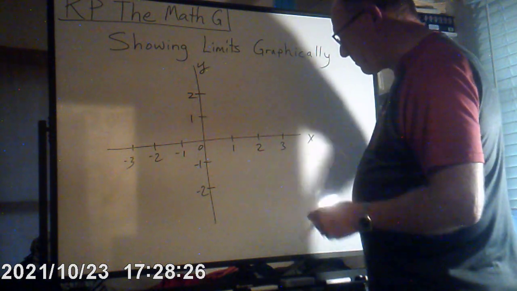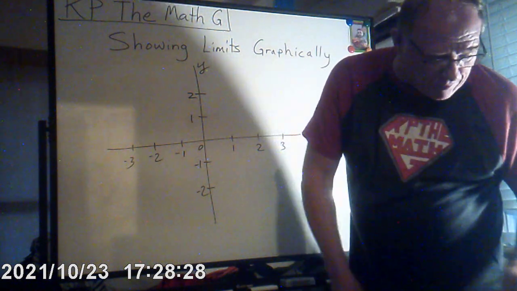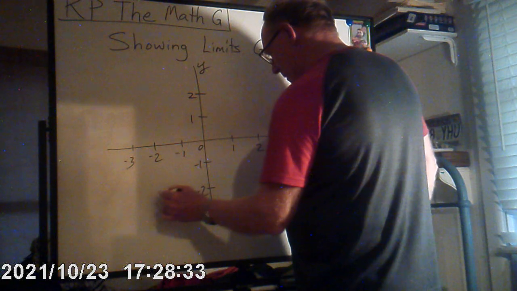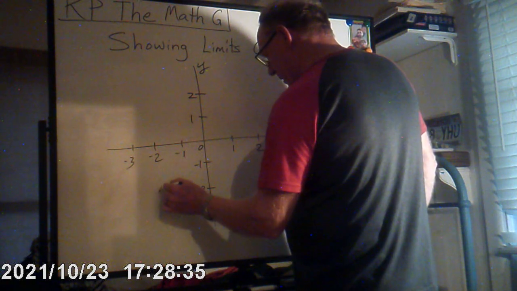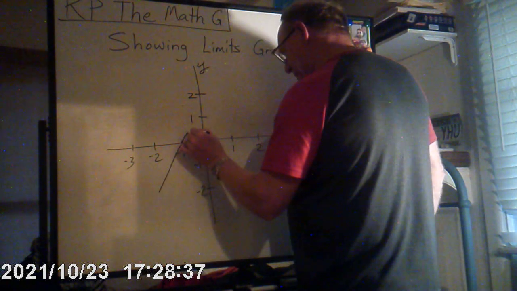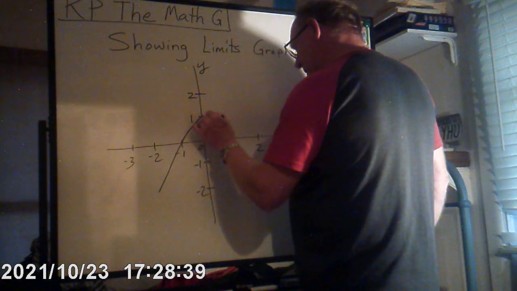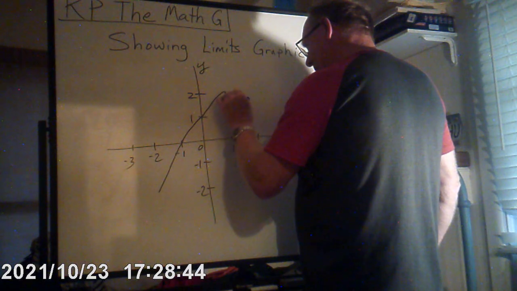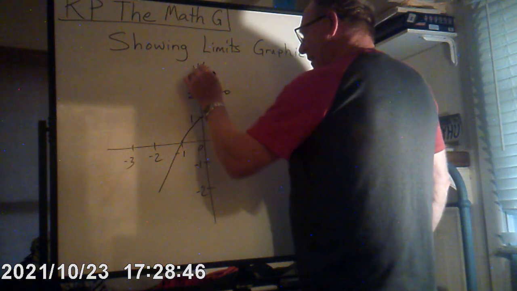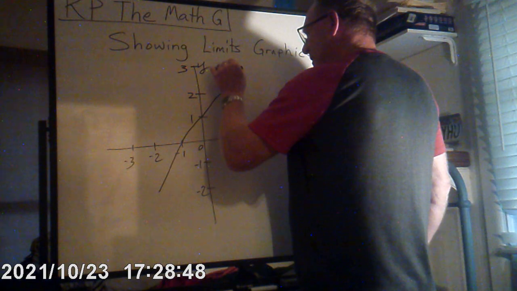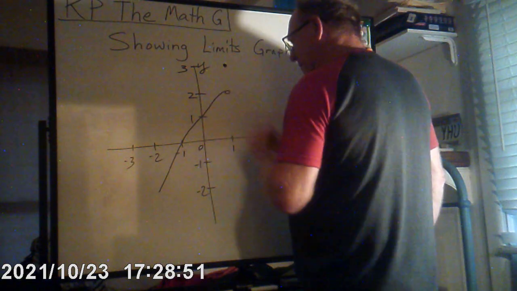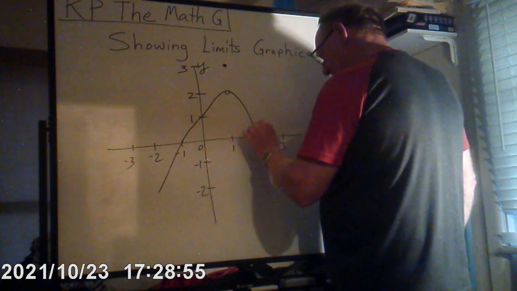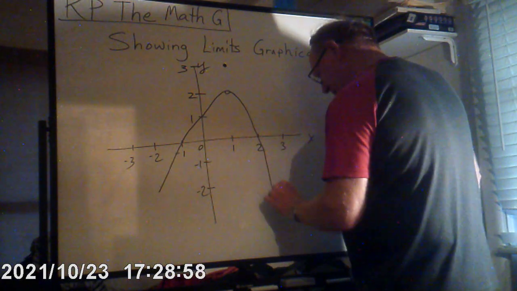Okay, so let me draw another picture here like this. It's going to be maybe a little parabola here. So right here, we'll go through here and then come up to here. We're going to make this a hollow circle right here, and let's go up to 3 right here, and put a solid circle just above that.